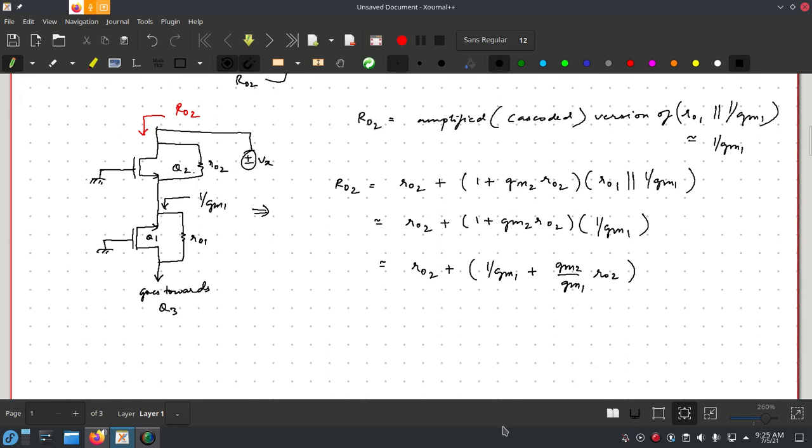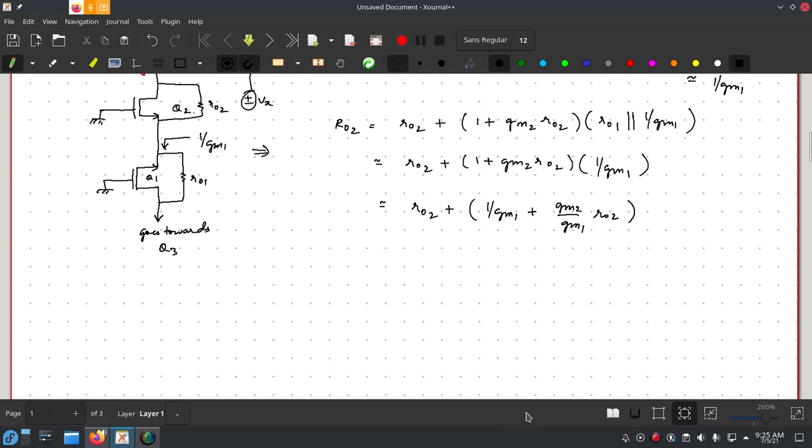Okay, so here we'll make certain assumptions. Say the transistors are perfectly matched, so gm1 is equal to gm2, equal to some nominal value gm, and gm2 into r02 is a value which is very much greater than 1. Then in that case, capital R02 will be simply 2 times small r02.